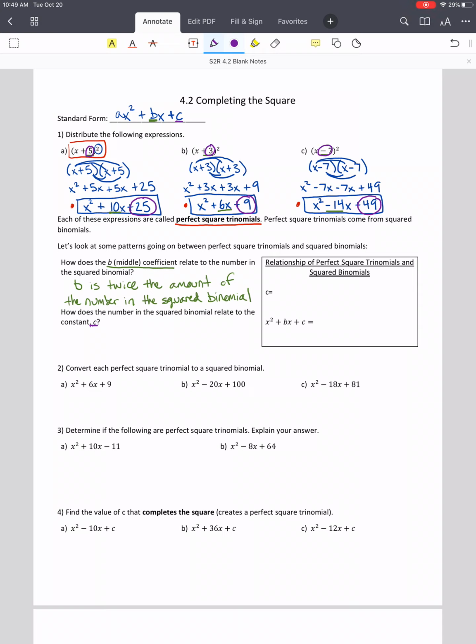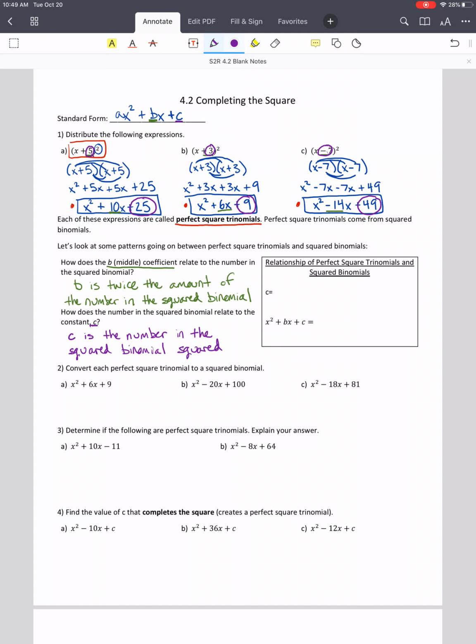What I'm hoping you're picking out is that c is the number in the squared binomial squared. So you see that? For example A, to get from 5 to 25, I square it. Example B, to get from 3 to 9, I square it. C, to get from negative 7 to positive 49, I square it.